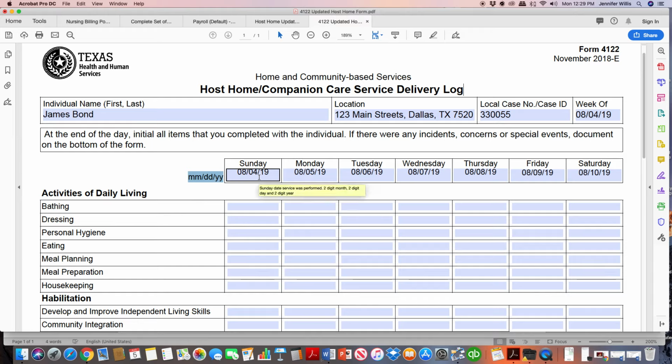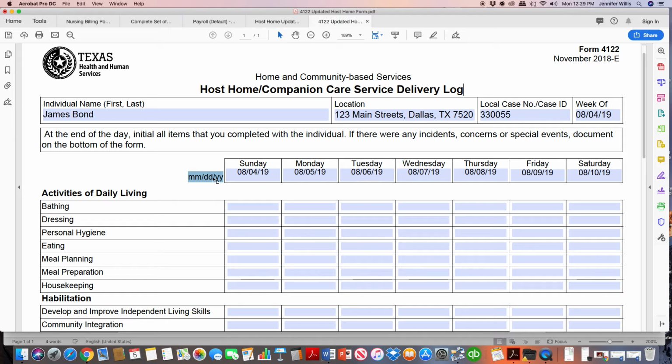Starting again with the week starting on a Sunday, for this week in particular, we're at August the 4th, 2019. So a two-digit month, two-digit day, two-digit year, handwritten out. And this can be completed handwritten or it can be done online.